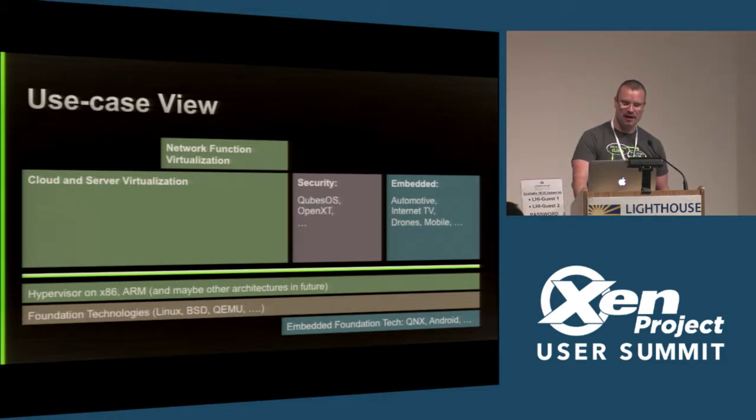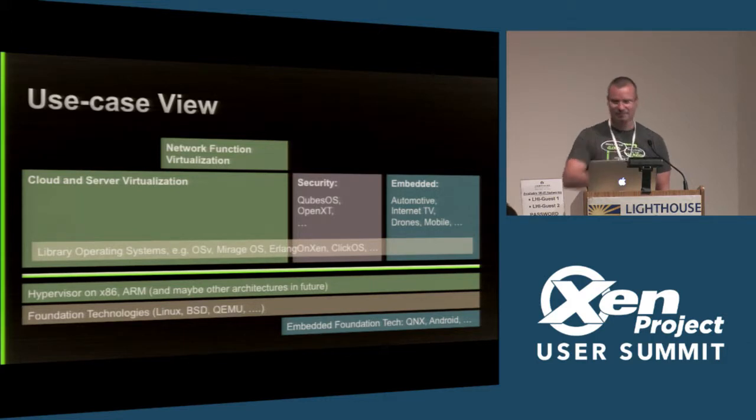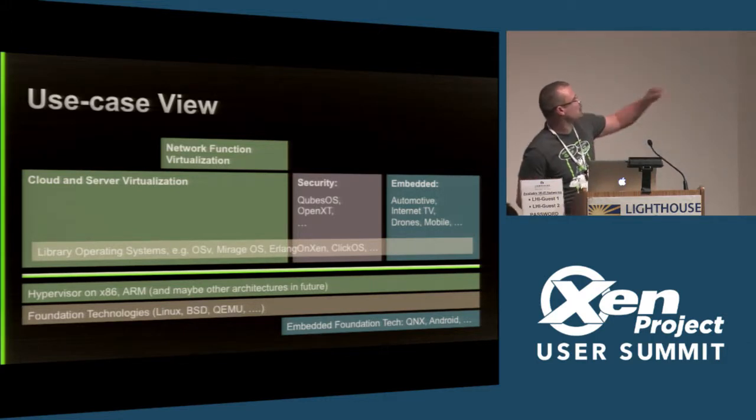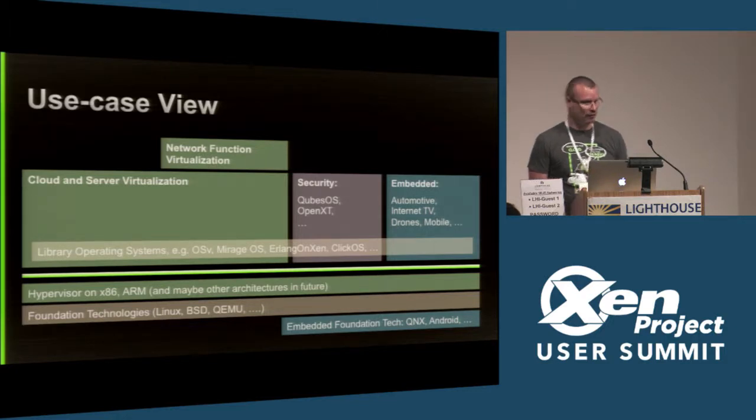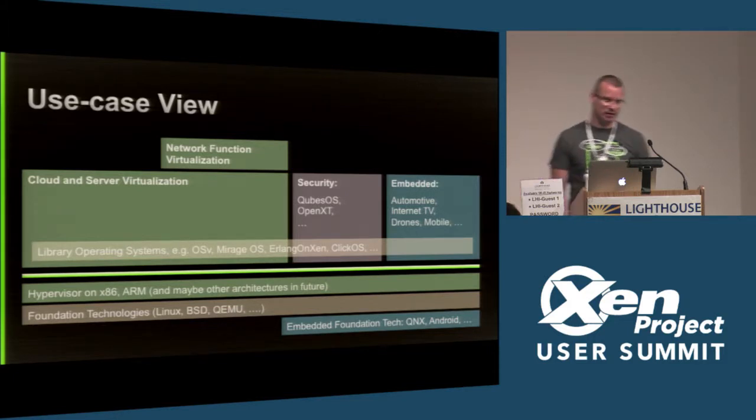And then we have library operating systems such as OSv and Mirage and Erlang on Xen and so on, which are useful for all of these use cases. So they can't necessarily be confined to one. An example recently is Erlang on Xen. They built an Open vSwitch appliance on top of Erlang on Xen, which really serves as a network function virtualization box.